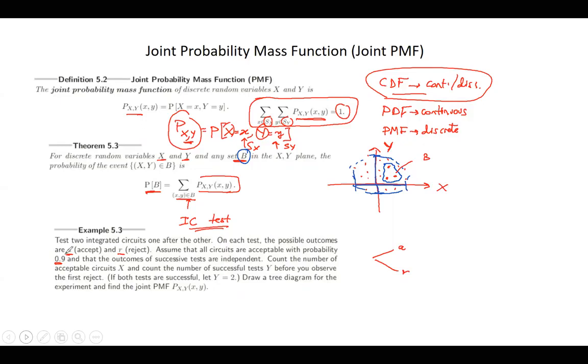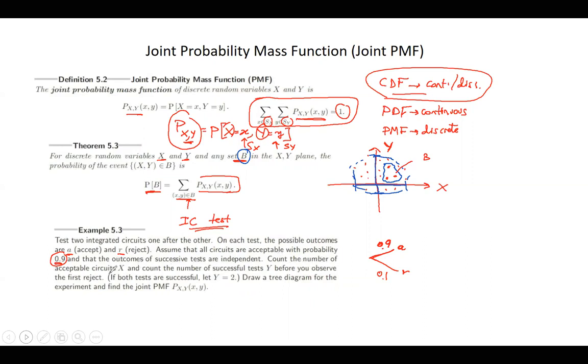And this says that probability of accept is 0.9. So this is 0.9. Then this is going to be 0.1. So every 10% of the tested ICs are rejected, and 90% of tests are accepted. This is what it says.